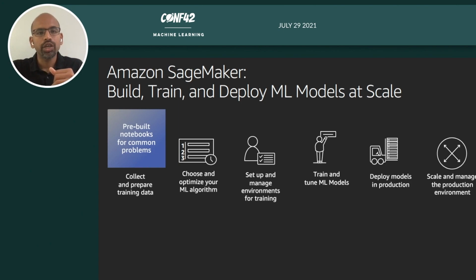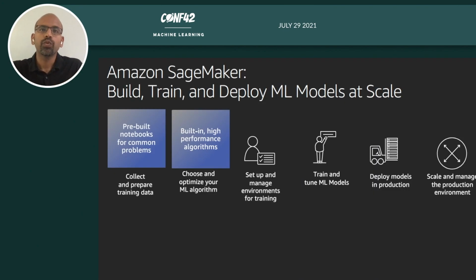Now, let's say you explored it and you want to move forward. Once you settle in with your training data, of course, that's the most important bit. Your models are only as good as your training data. So quite a lot of our customers spend a lot of time ensuring they have the right data. Let's say you have the training data that you need.